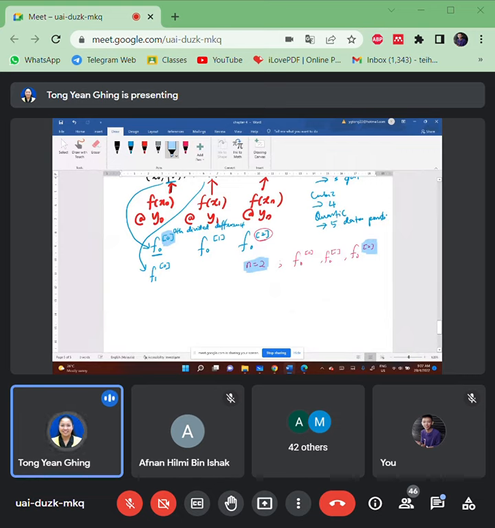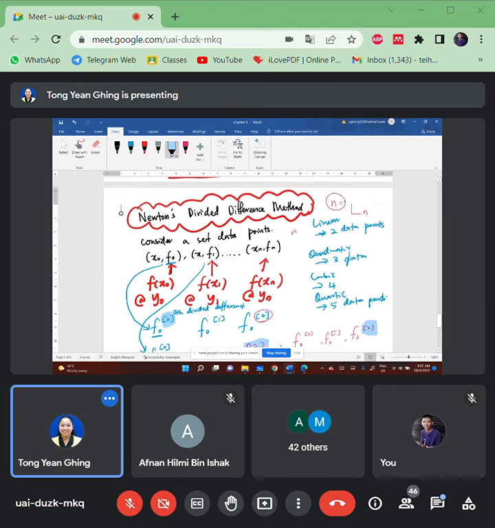If you look at your book, I will explain. Newton's divided difference is on page 86. This page says, consider the given set of data points, which I mentioned here.